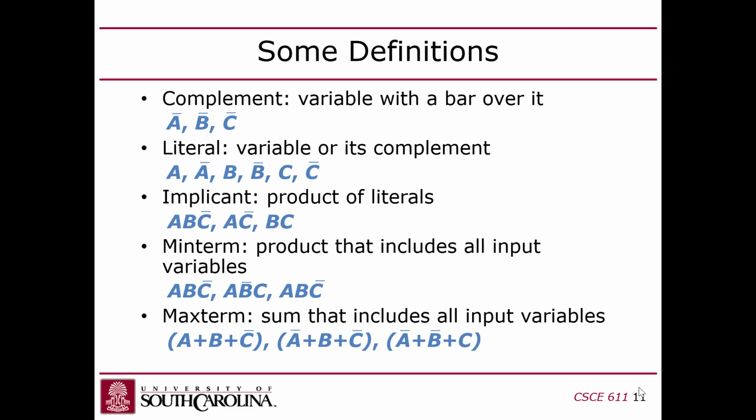I'm going to go through this Boolean stuff kind of fast, but if anyone has any questions, please feel free to stop me. Just to review some terminology, a complement applies to a variable. The variables are inputs and outputs.